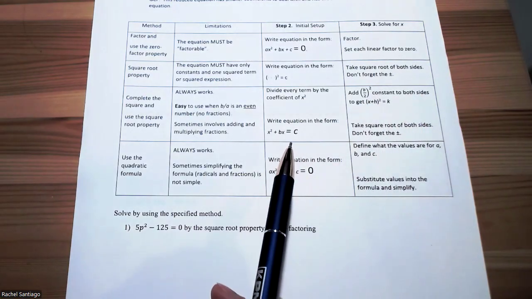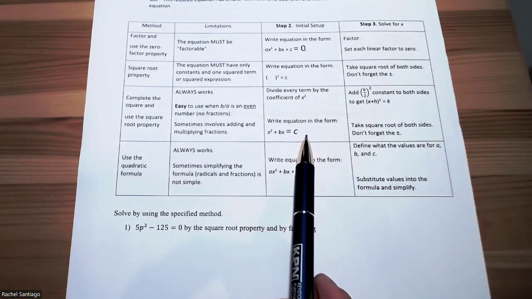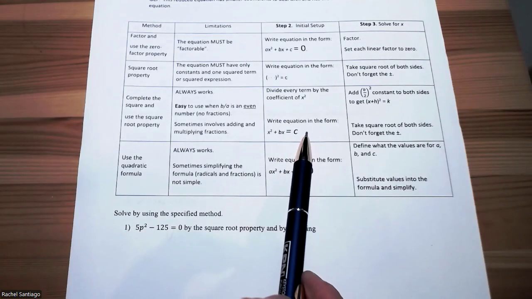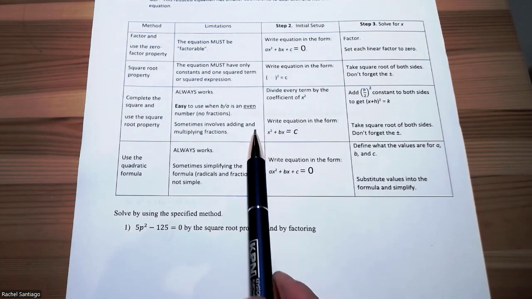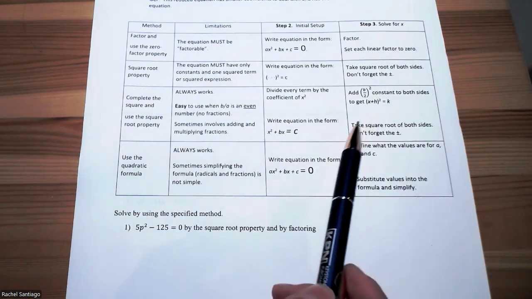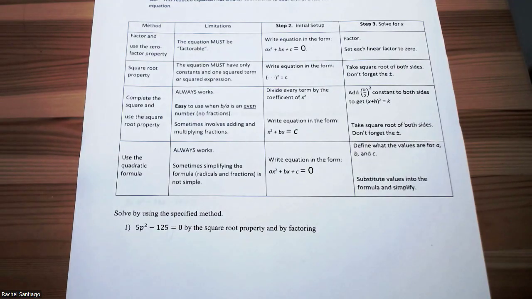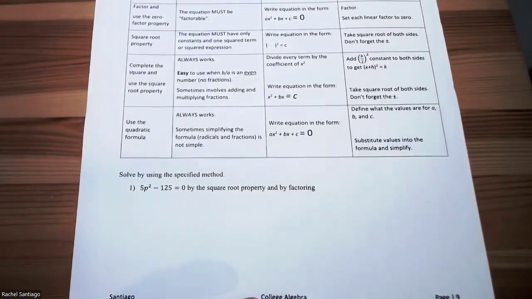That's the whole point, right? So essentially, you prepare your equation by bringing the constant over to the right-hand side, so it's no longer equal to 0 potentially. And then you take that b, cut it in half, square it, and add it to both sides. That will allow you to complete the square, writing it as the square of a binomial, and then you take the square root of both sides. And then, of course, please do not forget the positive and the negative.